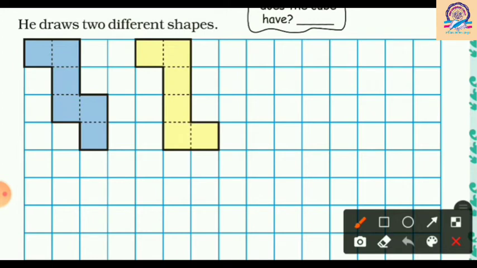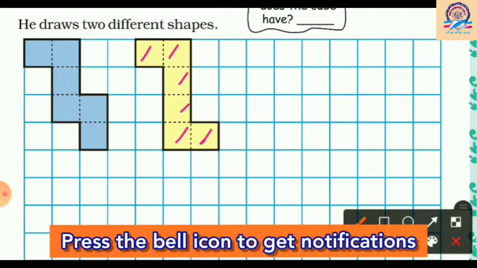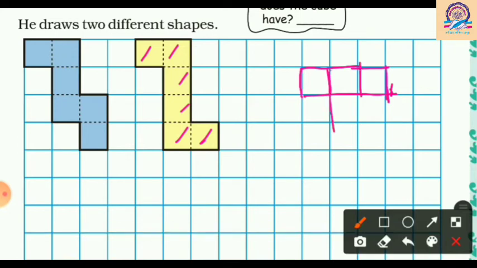Here you have to remember that a cube has 6 faces and all the faces are equal. The shapes given in our textbook each have 6 squares, that means 6 faces. So we have to make a shape which has 6 faces.